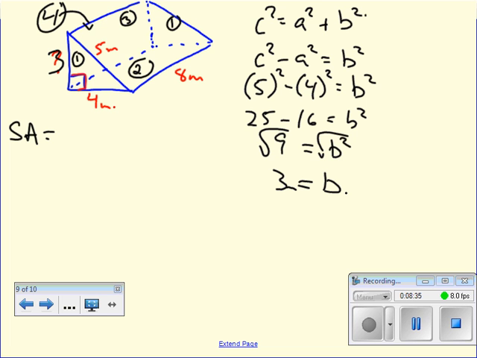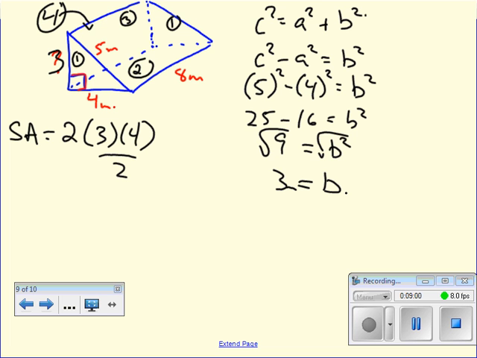So my area for one, well, I have 2 of them. Well, that's good. And area of a triangle is base times height divided by 2, which in this case, you can just sub it in, is 3 times 4 over 2.